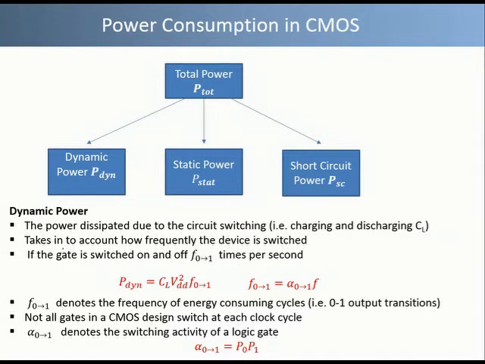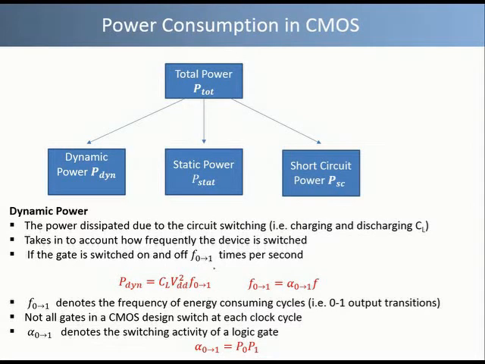So in order to evaluate the dynamic power, we take into account how frequently the device switches, and this switching is measured in terms of frequency of energy consuming cycles denoted by F_0 to 1. So if a certain gate is switched on and off F_0 to 1 times per second, the total dynamic power is equal to CL VDD square times the frequency of switching cycles.